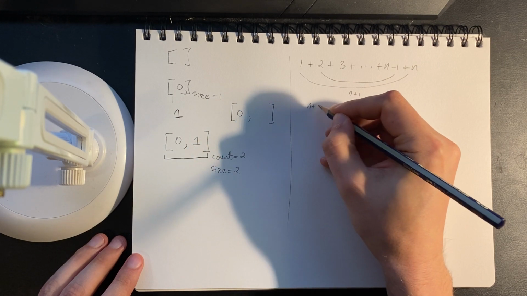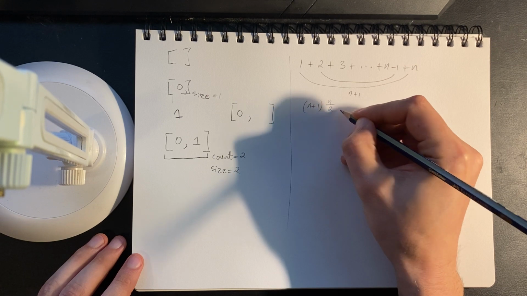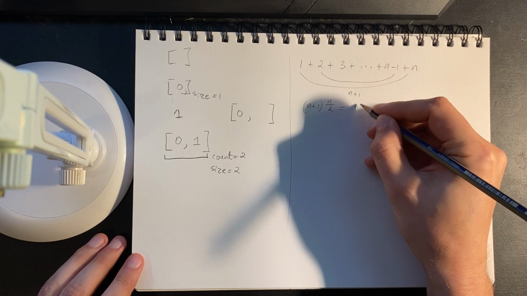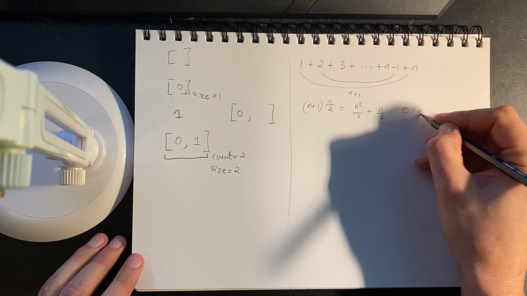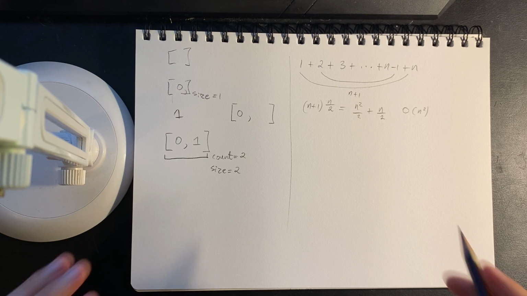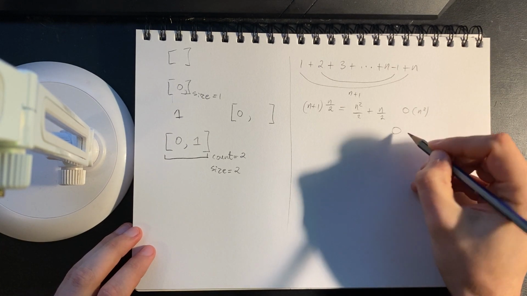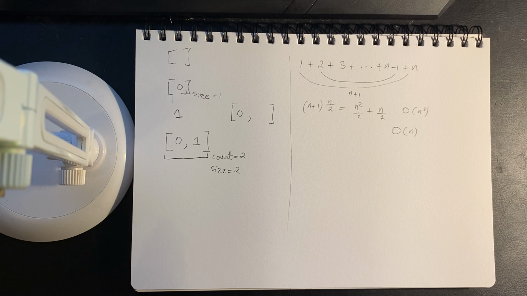So we have n plus 1 as a sum per pair, and there are n over 2 pairs. This comes out to order n squared to add n elements, and if you amortize that out, on average it's a linear operation every time you add something.